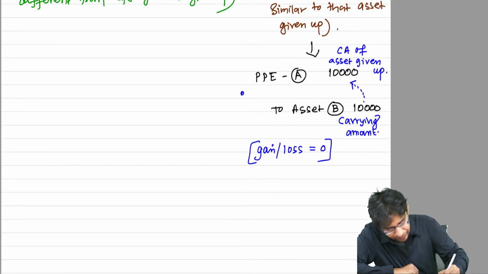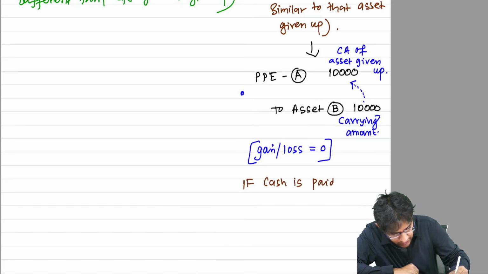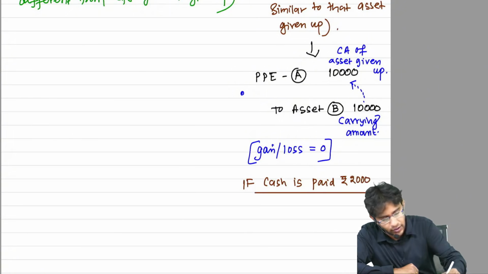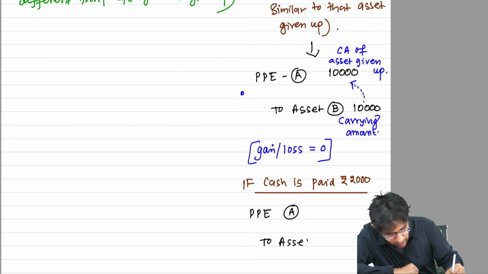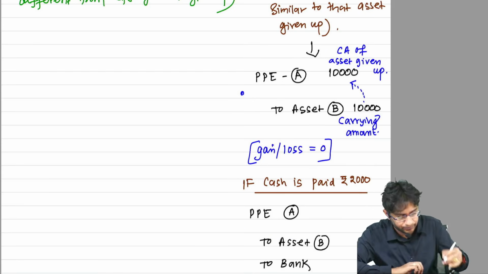Sir, what if there was cash? If cash is paid, another 2,000 rupees. Suppose you paid cash, then what would I have done? PPE A to asset B, to bank. This is my basic skeleton entry.